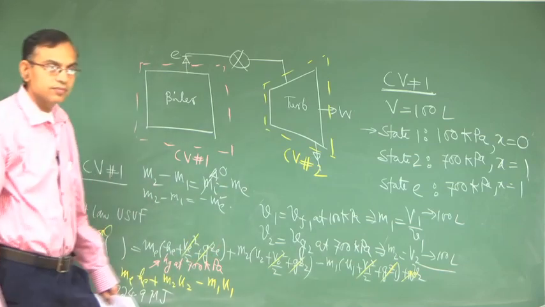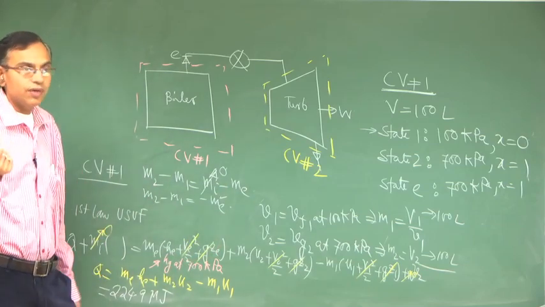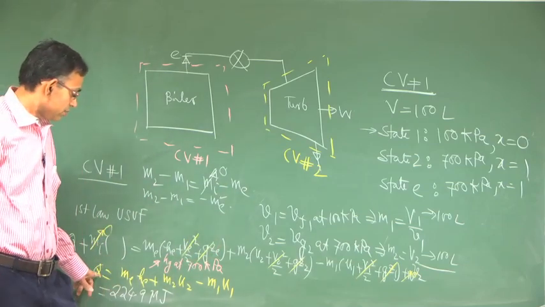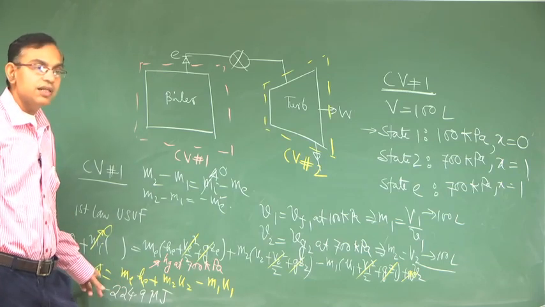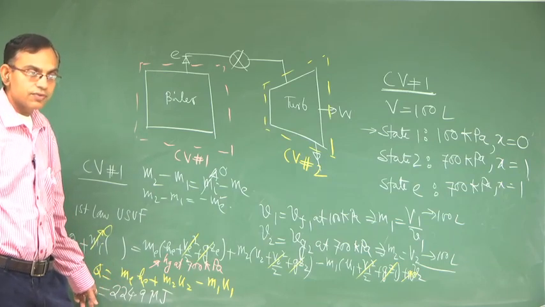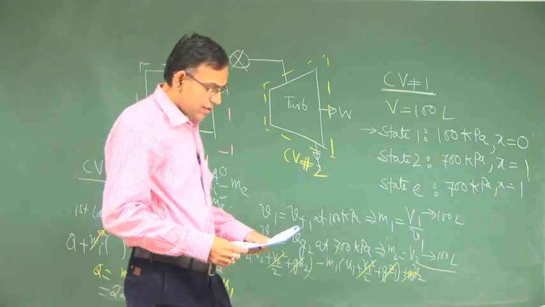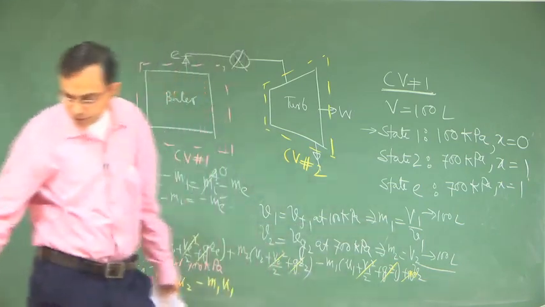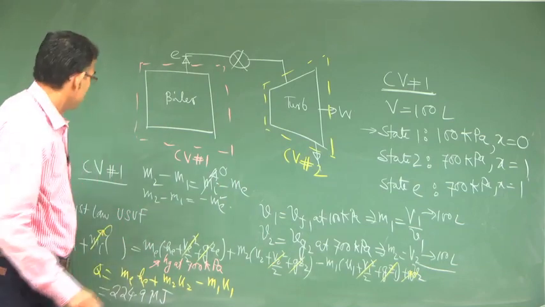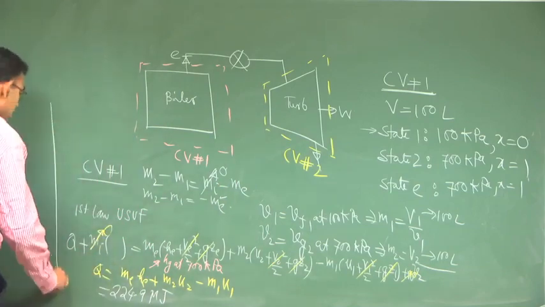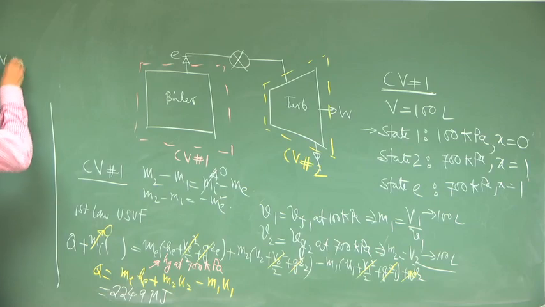These two forms of energy are reflected by this heat transfer. The next is the turbine work that we need to compute. So, we will next consider control volume 2, which is the turbine.